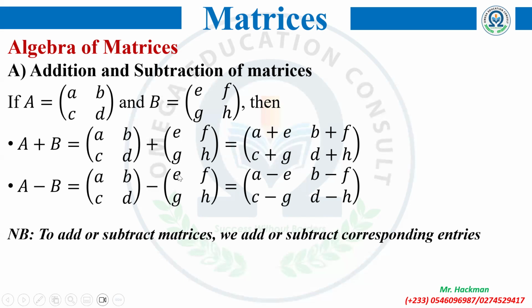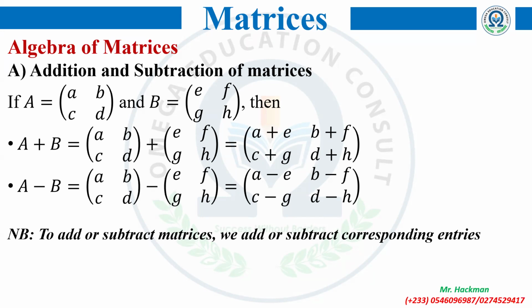So it will be A minus E, then B minus F, C minus G, then D minus H. That's exactly what you have here. Because you are adding and subtracting matrices of the same order, the result will equally be of the order of the matrices that you added. So if the matrix here is 2 by 2, and this is also 2 by 2, if I'm able to add, my result will also give me a 2 by 2 matrix. Point well made.